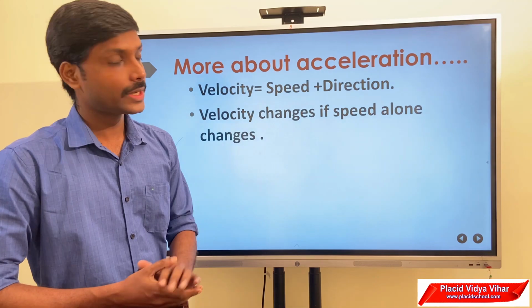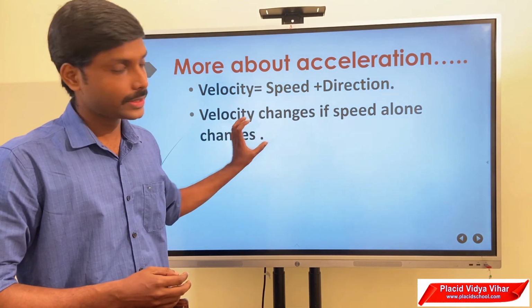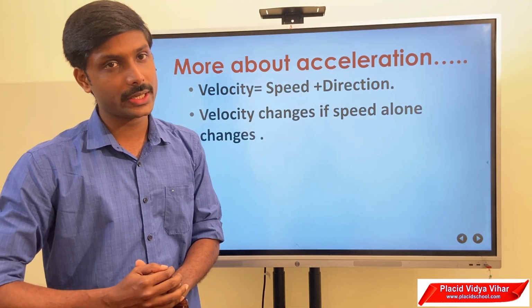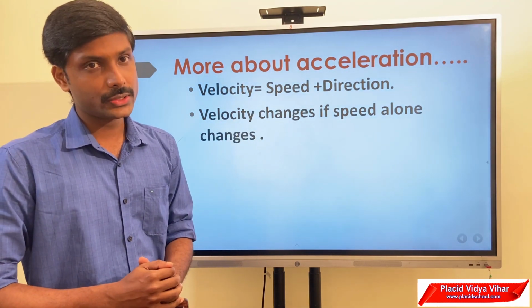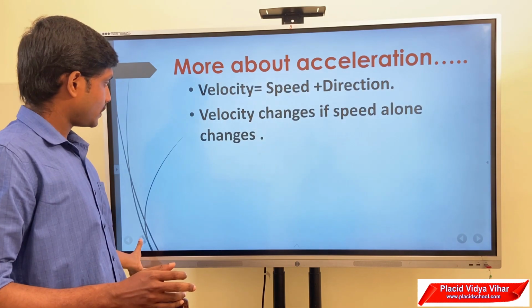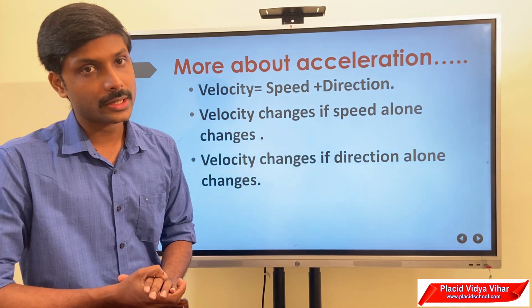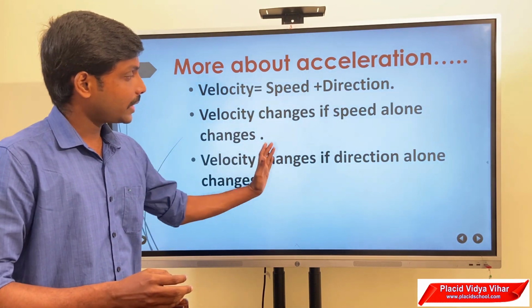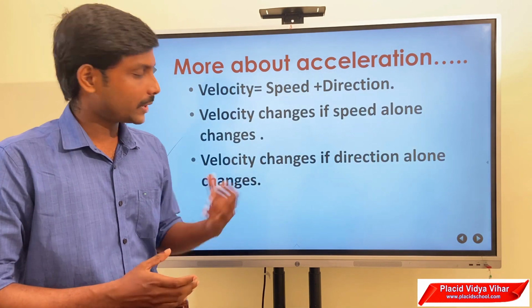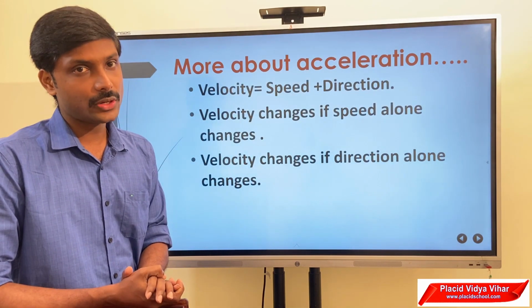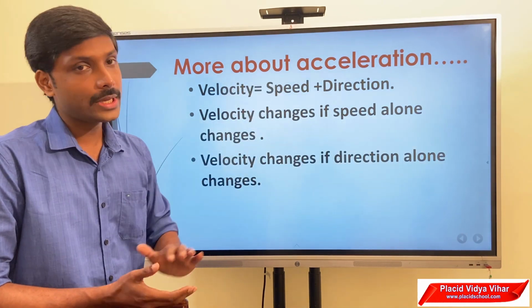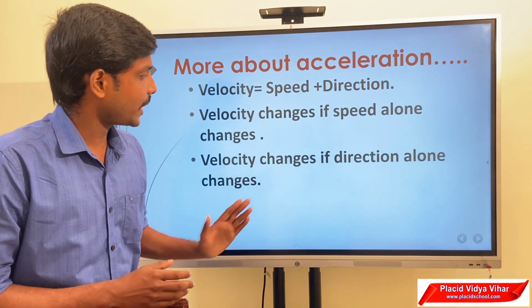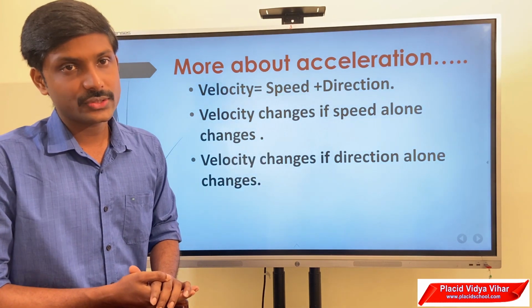Velocity changes if speed alone changes. That means there is no change in the direction of motion, but the velocity can change. In the second case, there is a change in the direction alone. The magnitude of velocity is not changing, and hence there can be acceleration as the direction is changing.